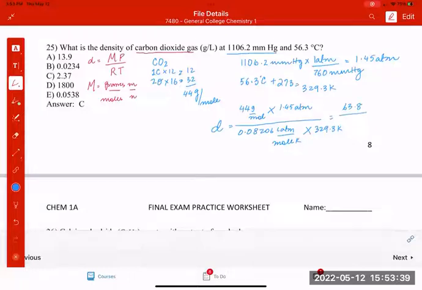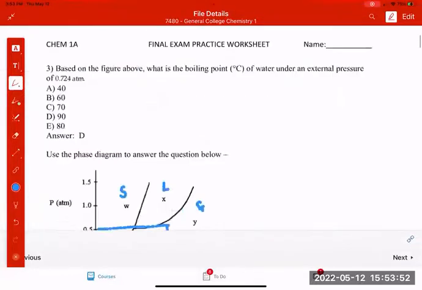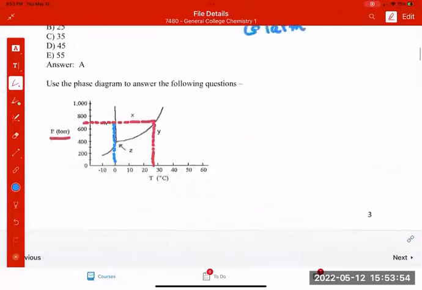Divide that by 0.08206 times 329.3, and you get 27.0.